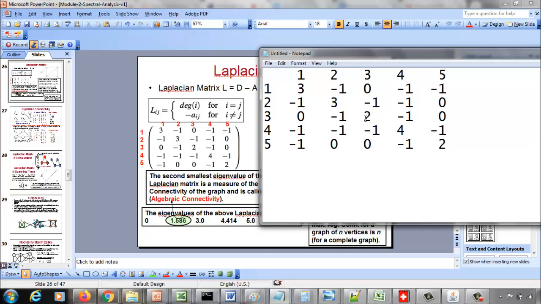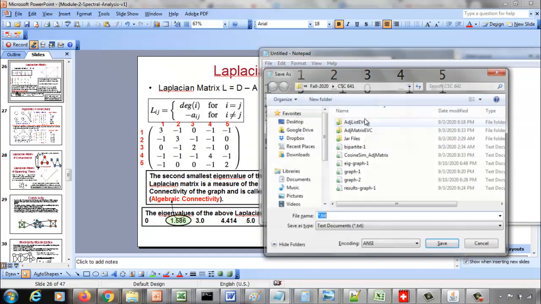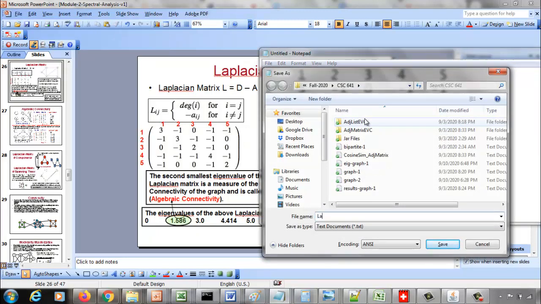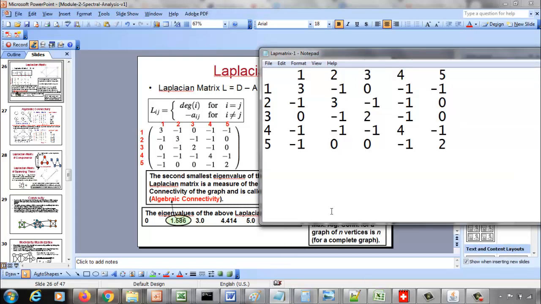Make sure that's the last line, there's no blank line. It's still a text file, so type some name and save it as a text file.